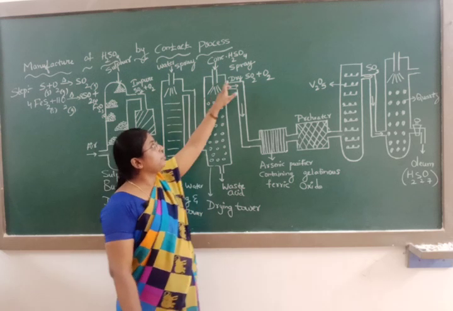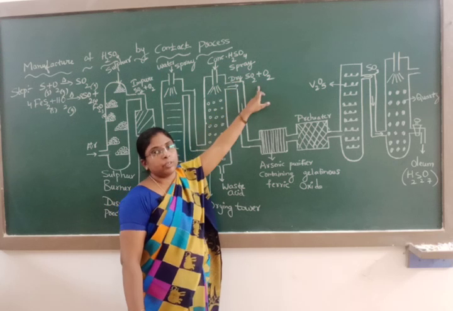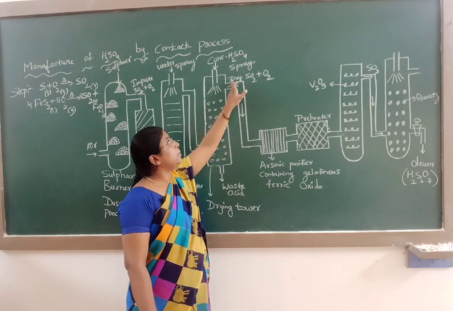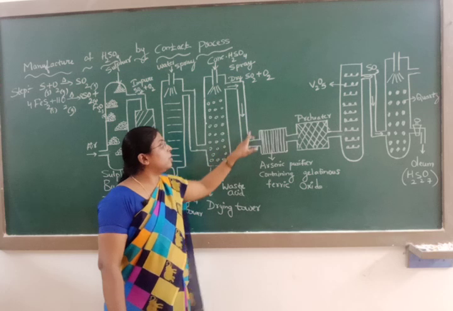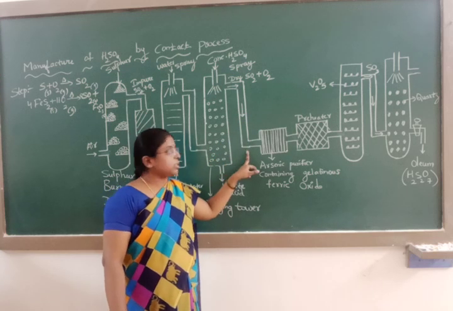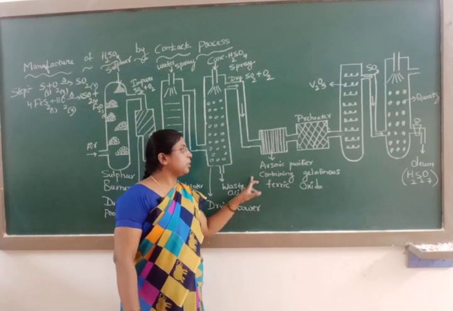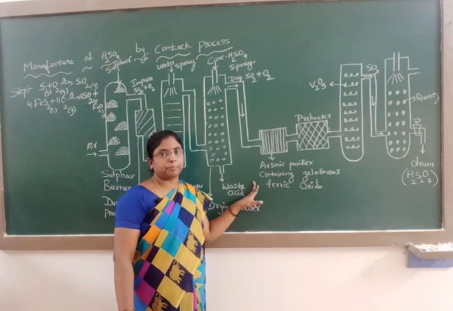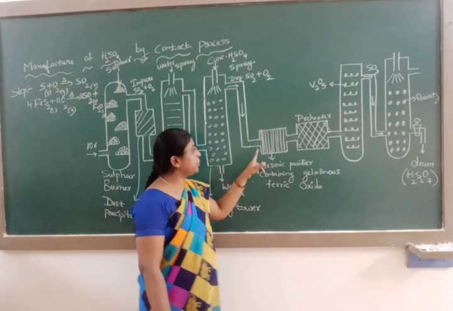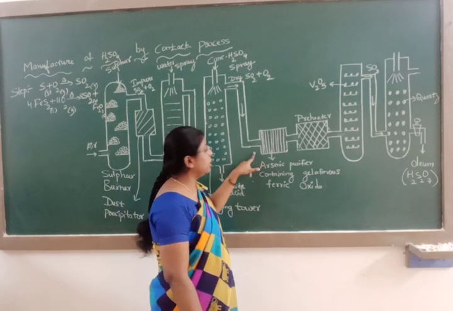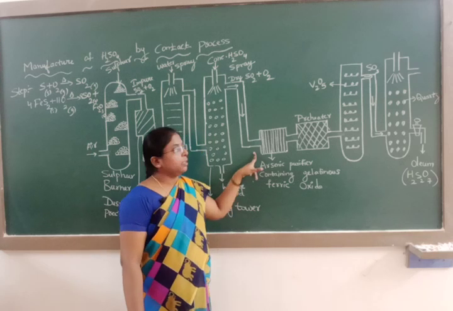Now, the completely dry sulfur dioxide along with the oxygen passes through the arsenic purifier. The arsenic purifier is coated with ferric oxide.